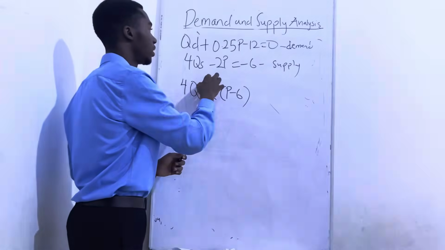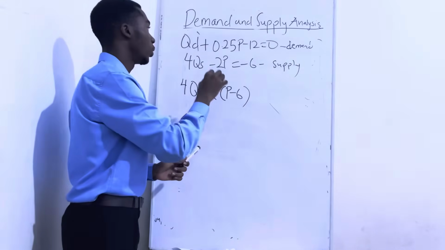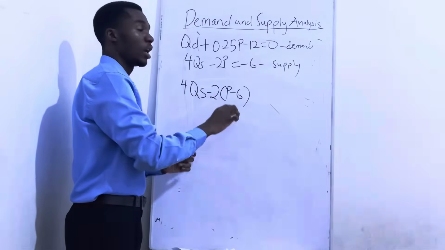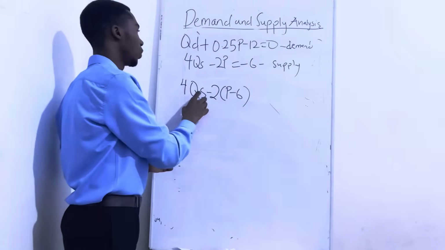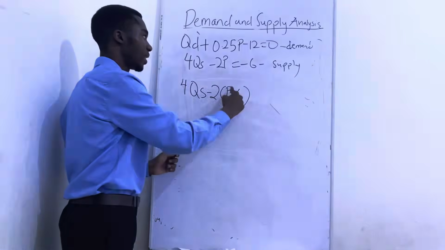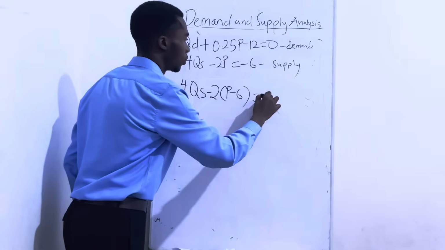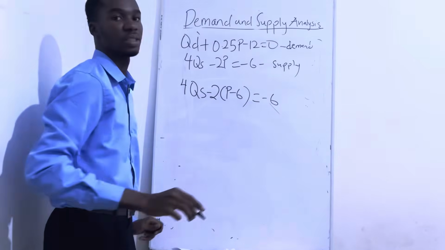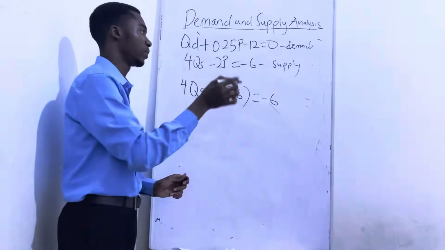If here was negative 4P, it would be negative 4 into brackets P minus 6. You always subtract the 6 from the P and always bring the bracket as well so that you don't make any mistake. So now we have 4QS minus 2 into brackets P minus 6, then it's equal to negative 6. That side doesn't change. So this becomes a new supply equation when the tax has been introduced.